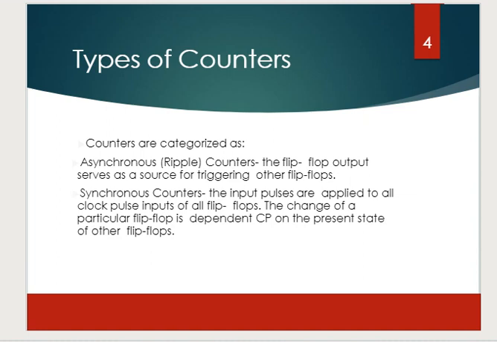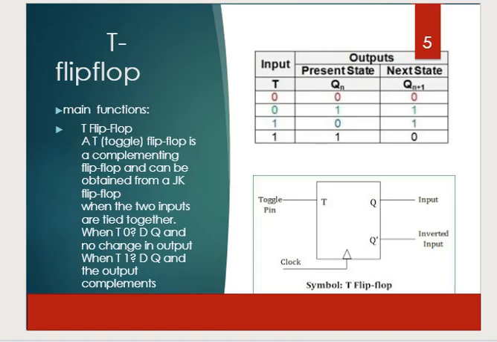After that, let us discuss the second outline, which was the T flip-flop. I've listed the main functions of the T flip-flop, so let us read it at once. T stands for toggle. A T flip-flop or toggle flip-flop is a complementing flip-flop that can be obtained from a JK flip-flop when the two inputs are tied together.